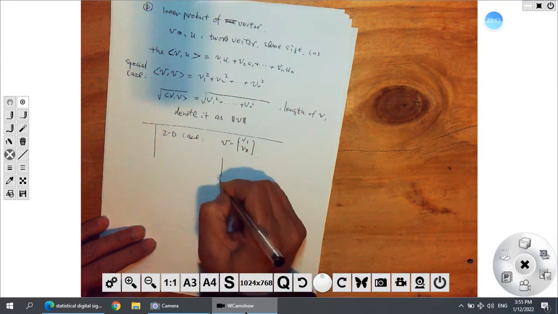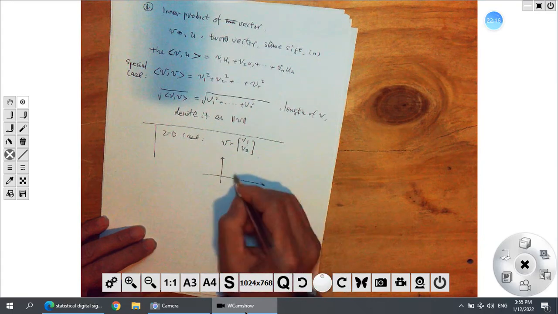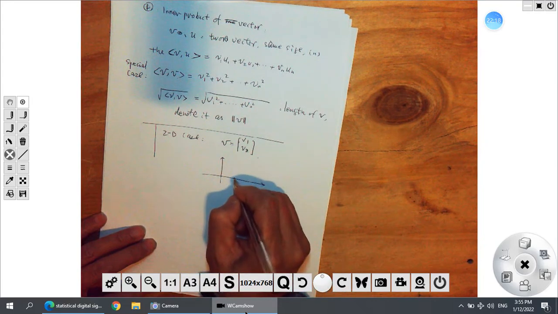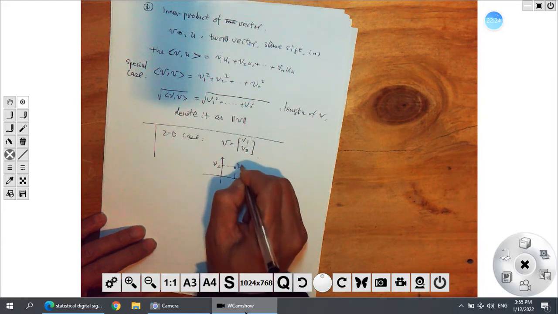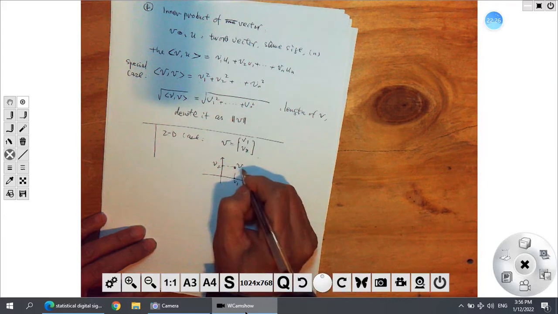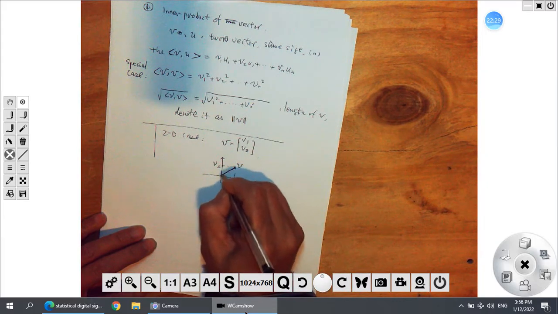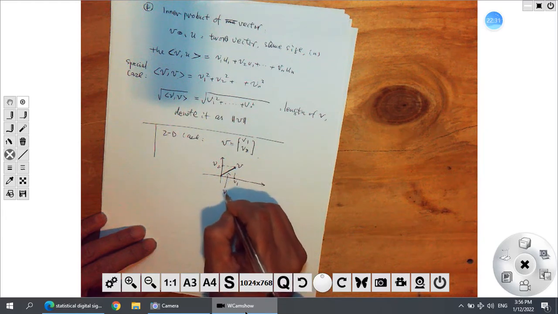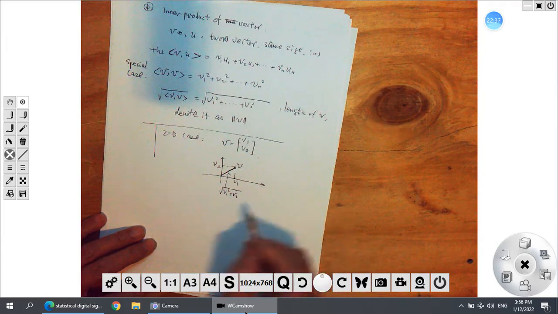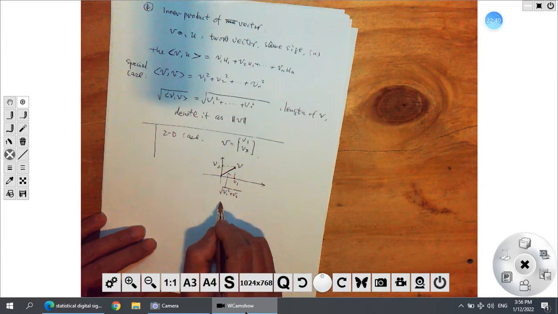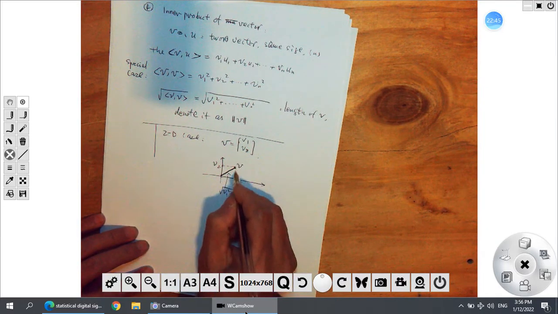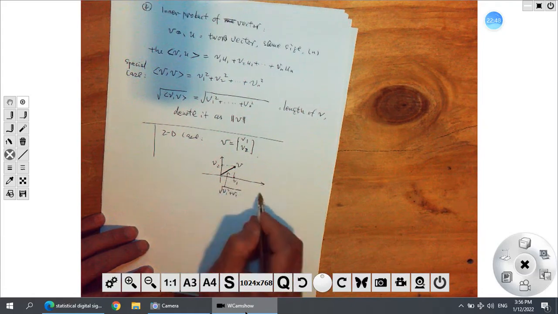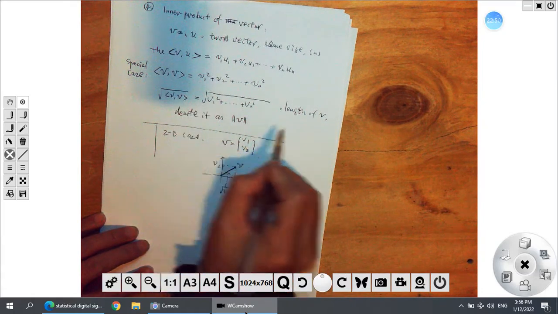We can represent it in a graph in this way: V1, V2, and here is a point V. And the length, this one, is V1 square plus V2 square, take square root. We know this is a law, a long history. Take the square root, then we have the length of V.